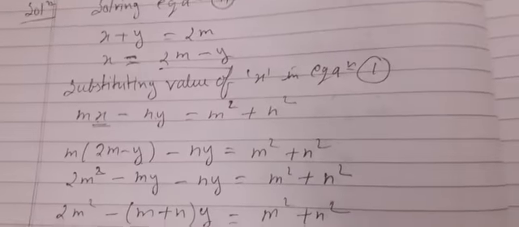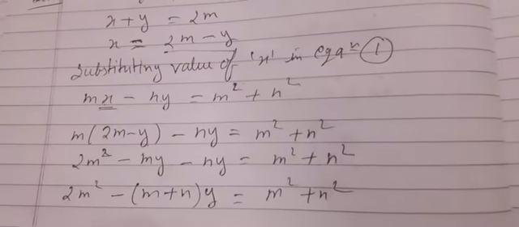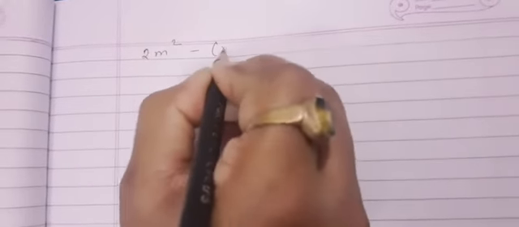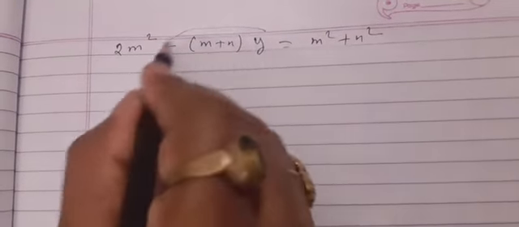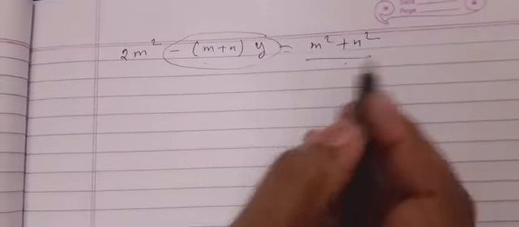Then let me copy once again so that you will understand. I'm just copying the equation so that I can continue. Now children, I will shift this number to the RHS and this number to the LHS.